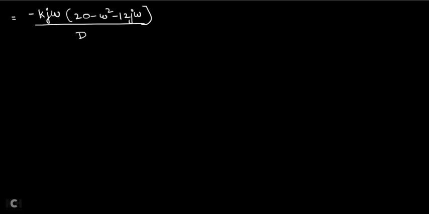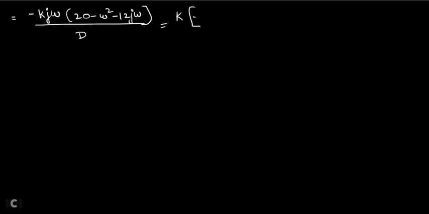Now if you multiply in the numerator, what is it that you are going to get? If you multiply the numerator again, j omega into 20. So what is it that you are going to get? Multiply minus j omega inside, keep k outside, then multiply the remaining thing. If you keep k outside, minus j omega you take it inside and simplify.